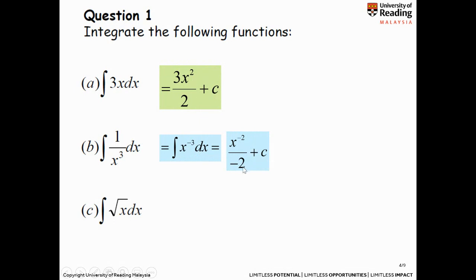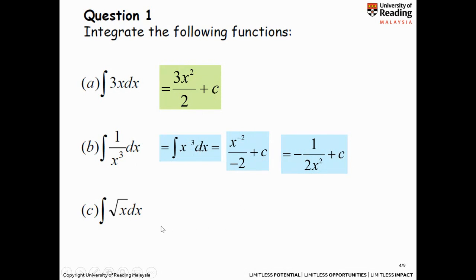Then you need to divide by negative 2, then plus c. In order to get the positive index, the numerator x to the power negative 2, we shall bring it to the denominator. So your final answer shall be minus 1 over 2x squared plus c.